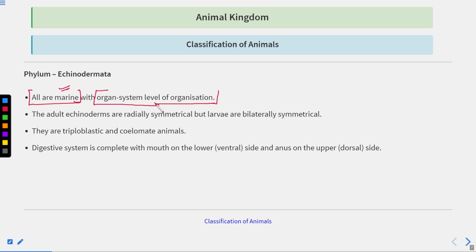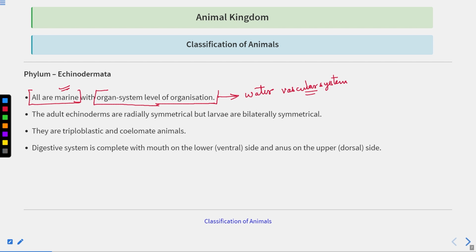So they are having a separate respiratory system, separate digestive system, okay, water vascular system. This is again one of the very unique features of this phylum, the water vascular system.